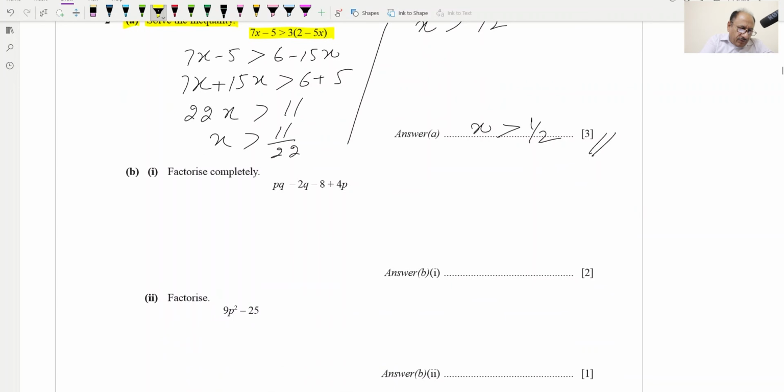Now, factorize completely. We'll have to take the maximum common factor, and what we can do is make pairs. Basically, from the first pair we can make one pair, this one, and the second pair, this one. So from the first pair we can take q common, and inside will be p minus 2, and from the second pair we can take minus 4 common.